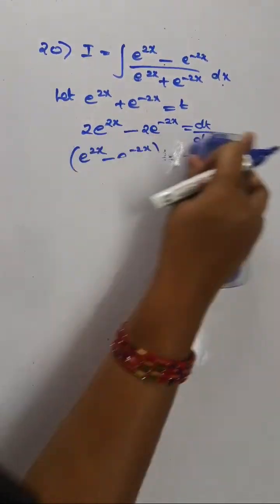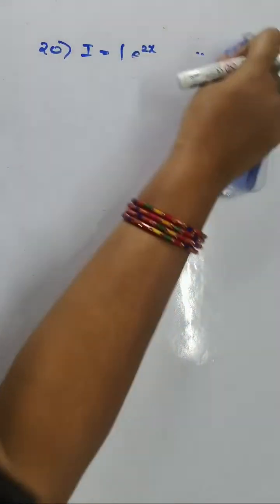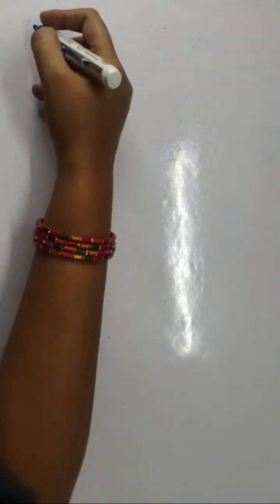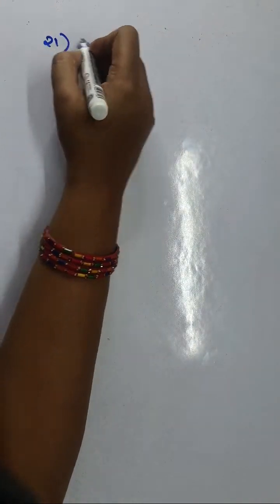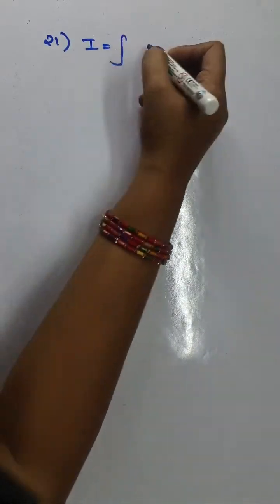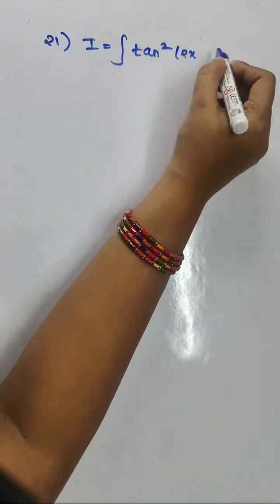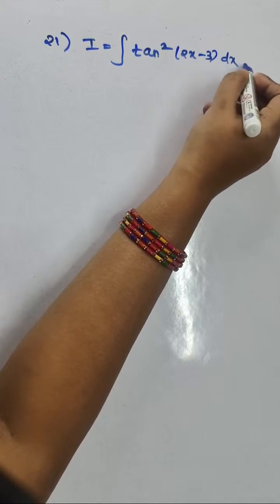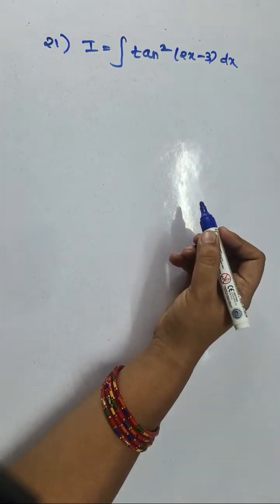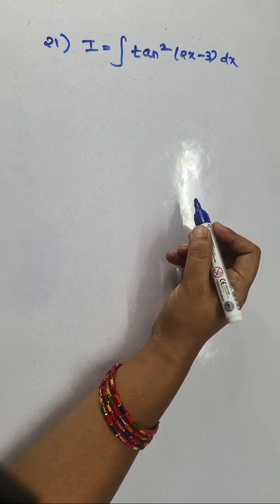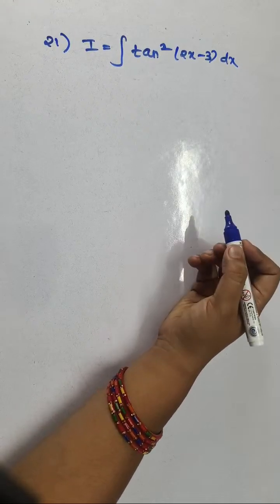Next, question number 21. I equal to integral tan square of 2x minus 3 dx. In yesterday's session we saw that we don't have a direct formula for tan square x.